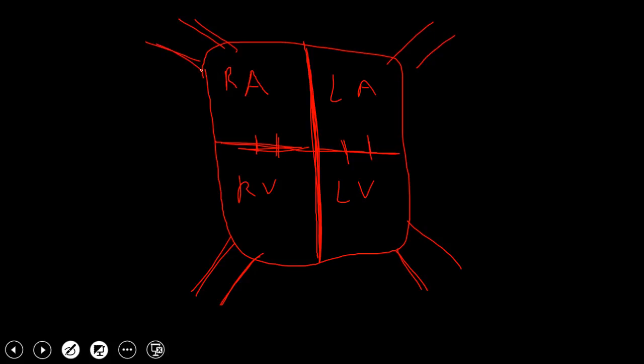So normally there's a nice division here, but sometimes you have a defect, where you don't have a division between the atrium or through the ventricles. And when there's no division, as the blood gets pumped through here, this is a high pressure system.